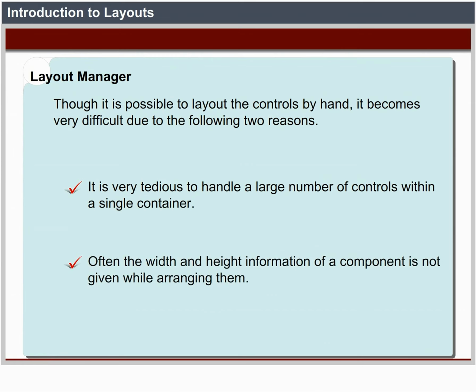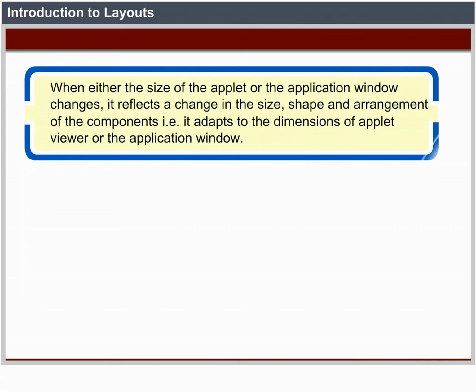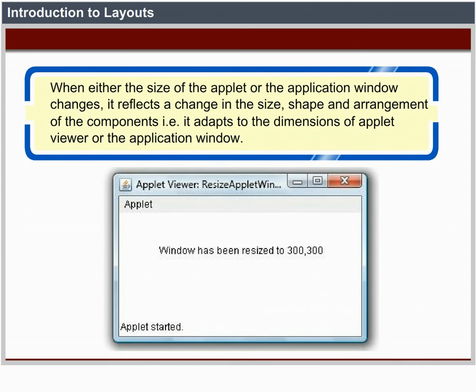Often the width and height information of a component is not given while arranging them. When either the size of the applet or the application window changes, it reflects a change in the size, shape, and arrangement of the components. That is, it adapts to the dimensions of the applet viewer or the application window.